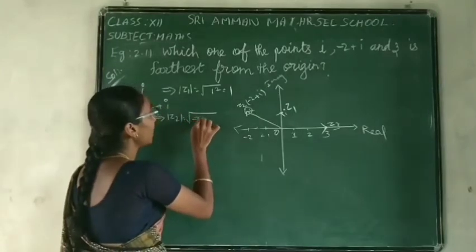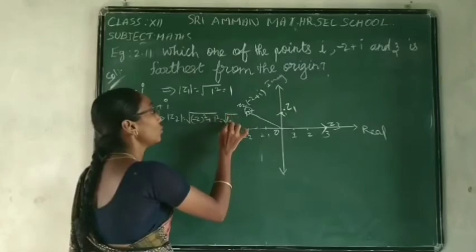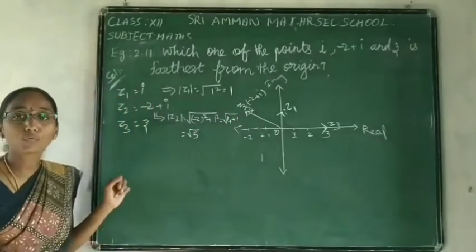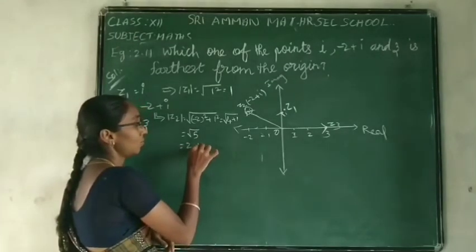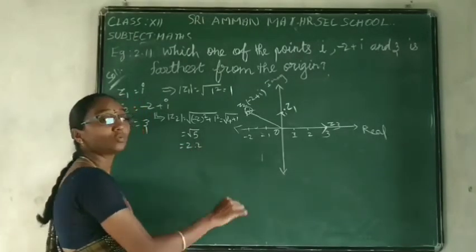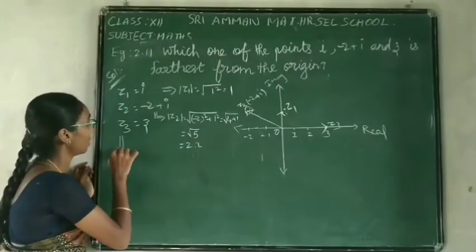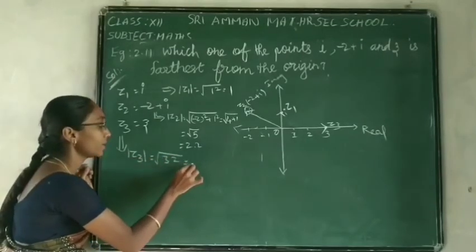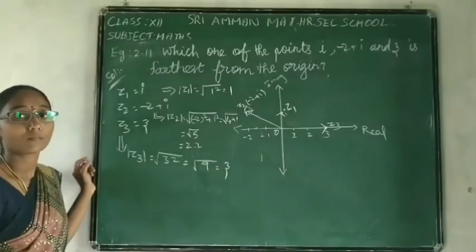Real part square is minus 2 the whole square plus 1 square, equal to 4 plus 1, equal to root 5. The value of root 5 is nearly 2.2. Next, modulus of z3 equals root of 3 square, equal to 9, equal to 3.